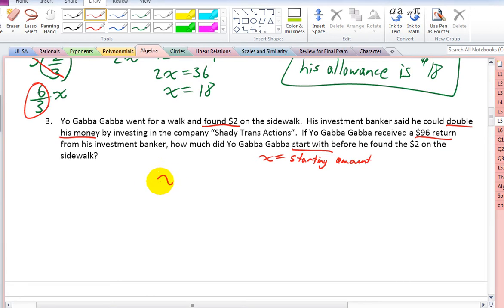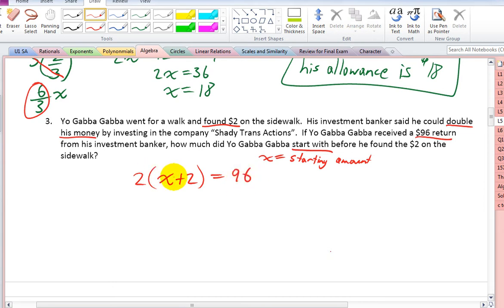So he started with X, then what happened? Plus 2. Then what happened? His money doubled. So in order to show that, we need to go times 2. And then what does that equal? $96.